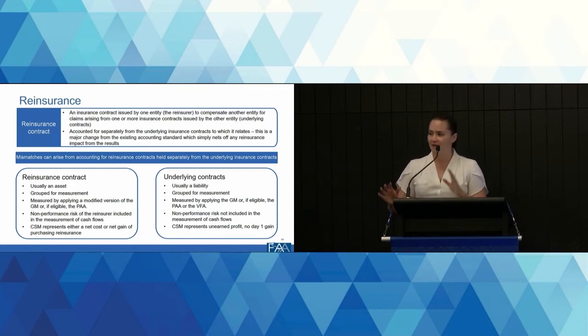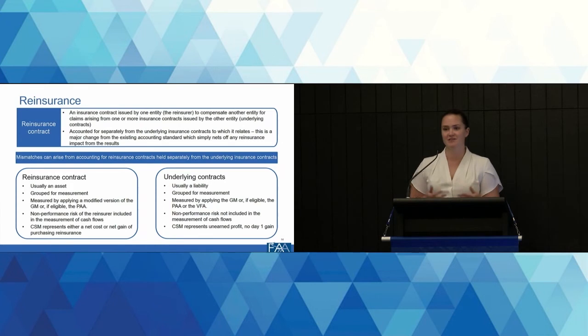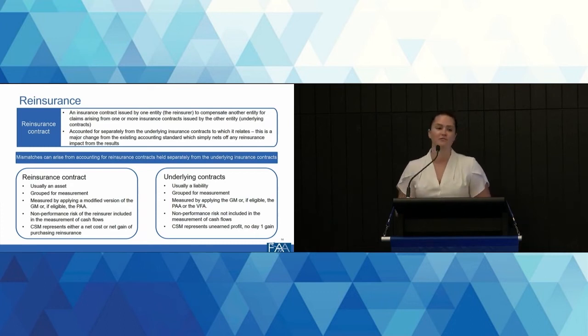That could potentially mean that you're not necessarily netting off the reinsurance in the same way that you do today. So visually, and also in terms of the emergence of profit on the P&L, that could create some timing mismatches within the reinsurance area.